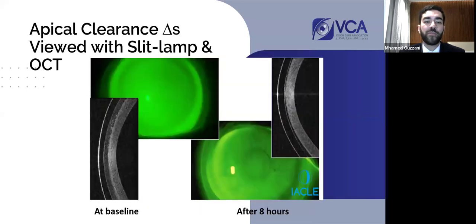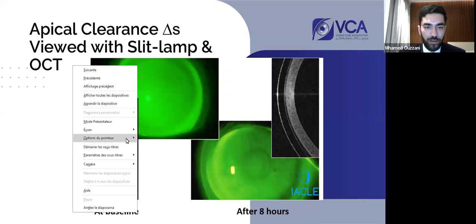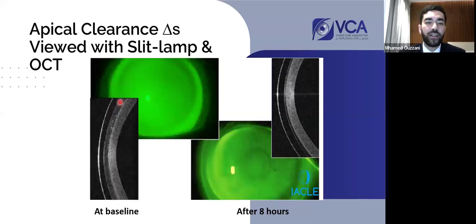This is an example of a scleral lens at baseline. I will just use a pointer. Here at baseline, we see that the central clearance is quite equal to the central thickness of the lens. On the left, you have the lens.